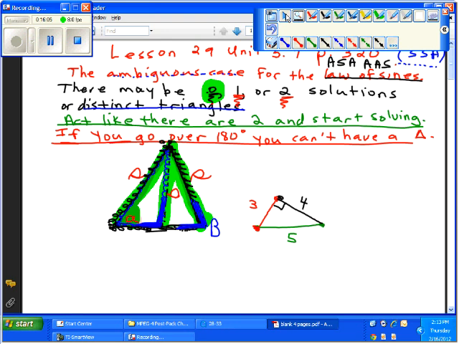So I've got two choices for angle B. I would also have two choices for this side down here. I could have the whole bottom, or I could have that little short piece. Now, my side-side angle parts are not variable. There's only one choice for them. That's the given. But I have some parts that I have more than one choice for.